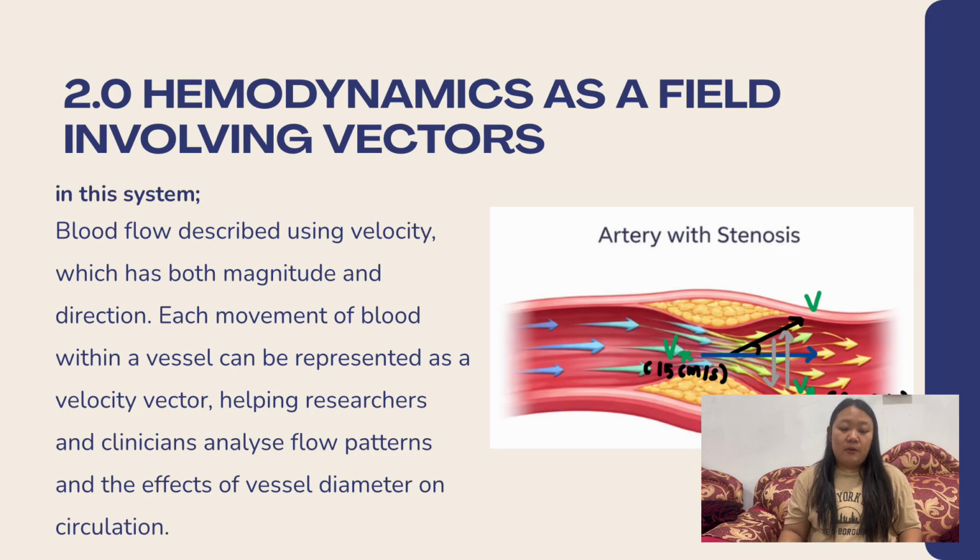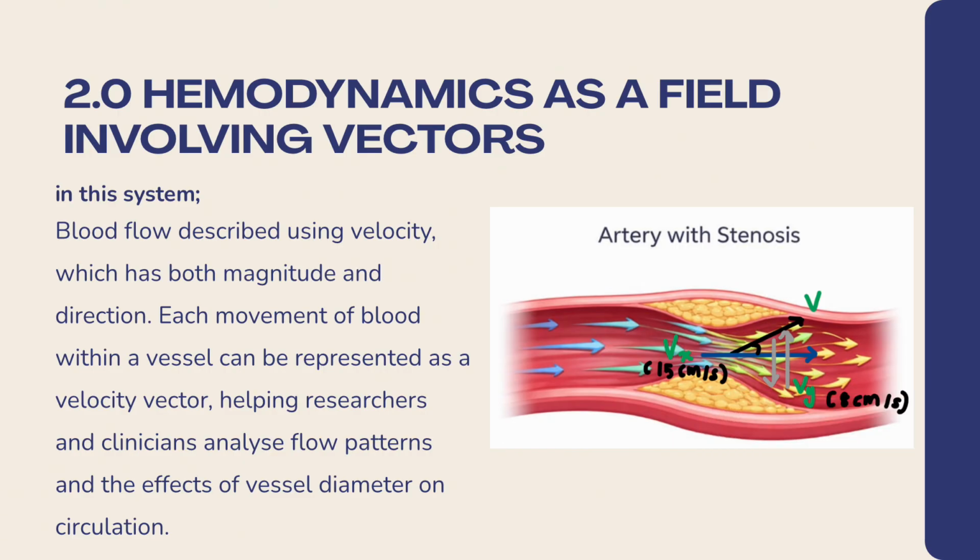In this system, blood flow is described using velocity, which has both magnitude and direction. Each movement of blood within a vessel can be represented as a velocity vector, helping researchers and clinicians analyze flow patterns and the effects of vessel diameter on circulation.